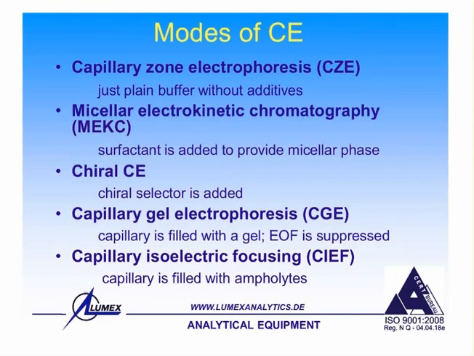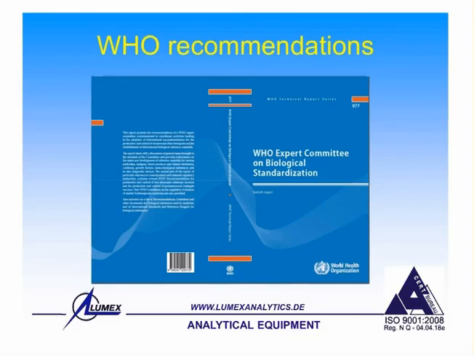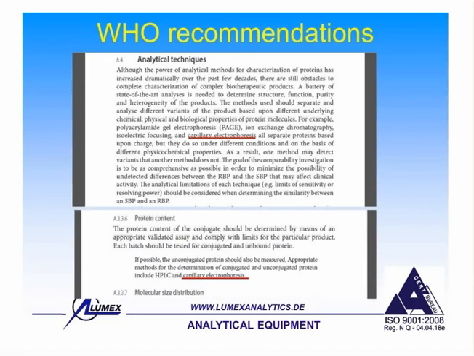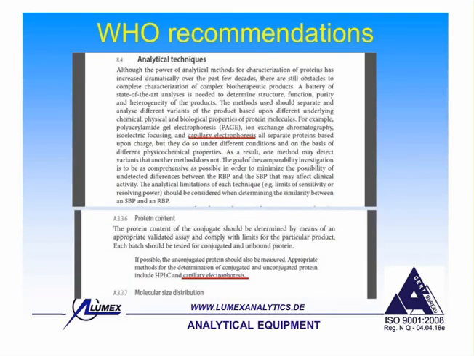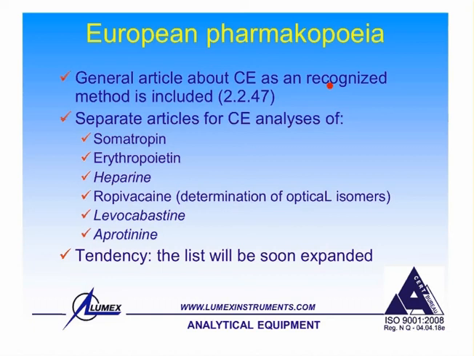First of all, we have recommendations of the World Health Organization, as you see, which officially recommends using capillary electrophoresis for the analysis of some protein conjugates. Next, we have a special general chapter in the European Pharmacopoeia, and the same in the United States Pharmacopoeia and British Pharmacopoeia, which tells us that CE is a generally recognized method for use in the pharmaceutical industry.